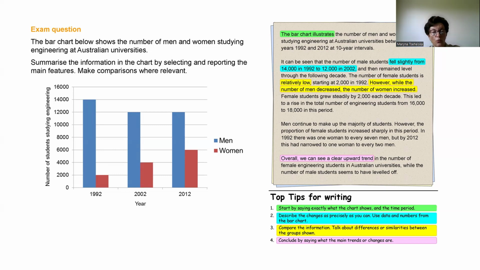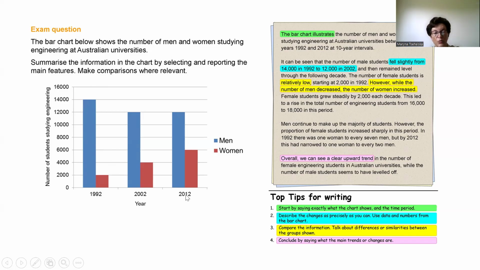growth. Or you can compare them in each part of the period, and you can say that in 1992, the number of women studying engineering compared to men was 7 times lower.